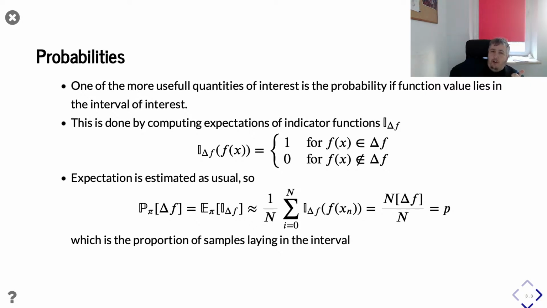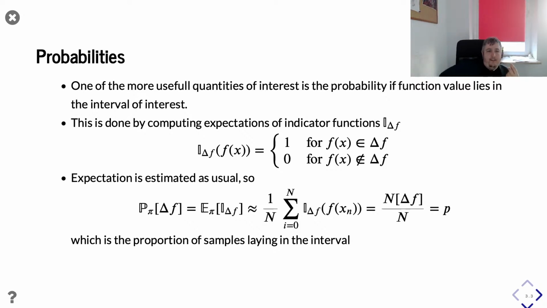This is done by computing the expectation of the indicator function. The indicator function, defined on a certain set or interval, or generally depending on the dimensionality, is 1 when our value belongs to this interval or element of space, and 0 otherwise.